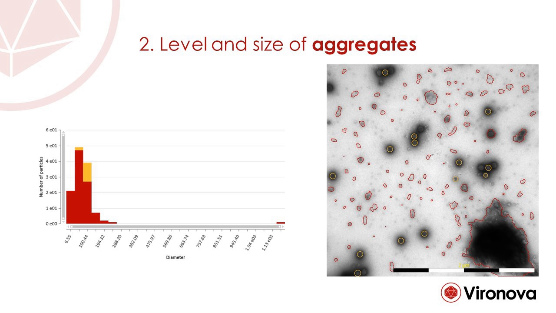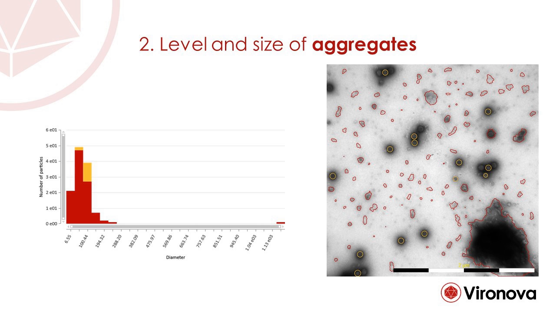One example is to look at the aggregates, as Josefina mentioned before, which is of great interest. In this case, I show you a size distribution to the left, showing the diameter of each object detected. The red large peak is the background debris. You see a small yellow-orange contribution, which is the adenoviruses.